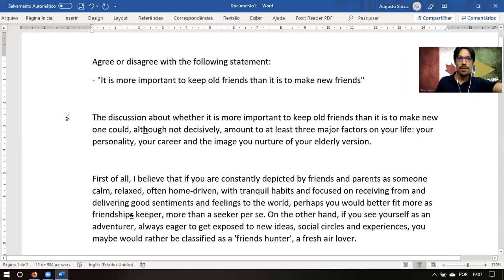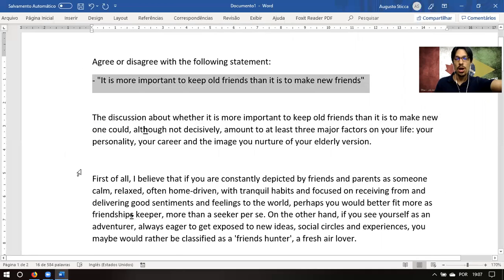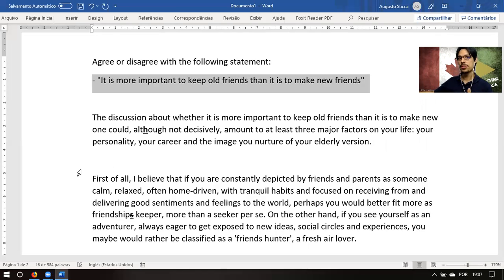This is a very, very good prompt because, just as I told you, recent TOEFL has changed to you agree or disagree with the sentence, you know? So it's going to be something like this. And TOEFL wants you to take a position in the introduction, and for the next 3 paragraphs, you give 3 arguments why you chose to agree or why you chose to disagree.